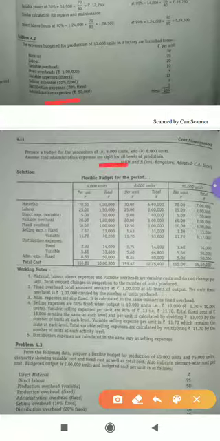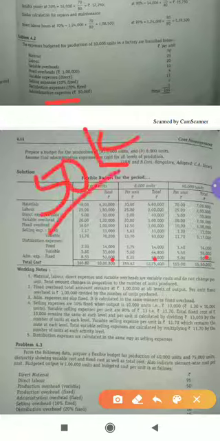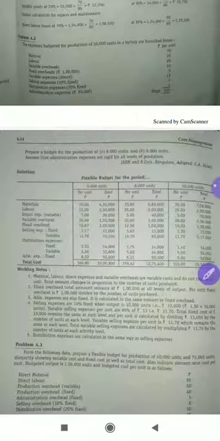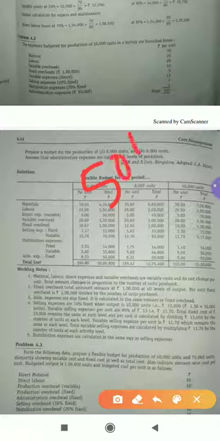Administration expenses will be rigid, that is fixed. So in all the 3 levels of activities, you have to write 50,000, 50,000, 50,000. Just you can calculate per unit. How to calculate per unit? 50k divided by 6,000, we will get 8.33. Next 50k divided by 8,000, then we will get 6.25.